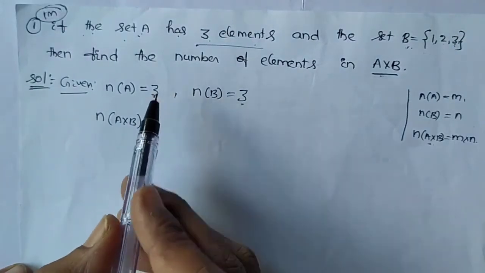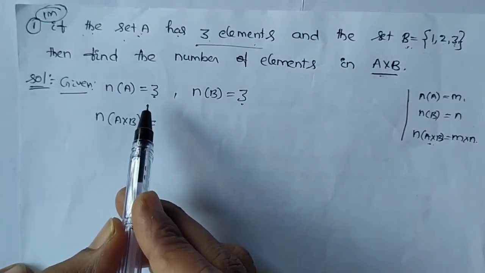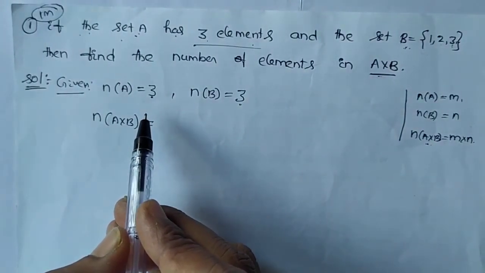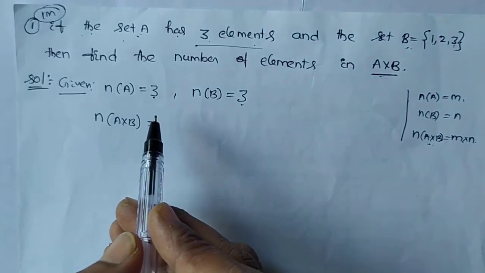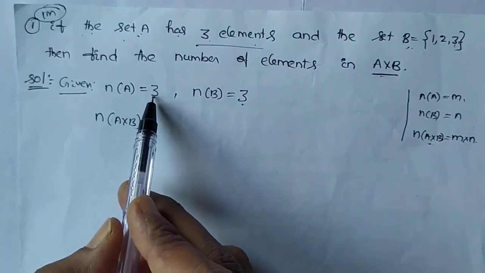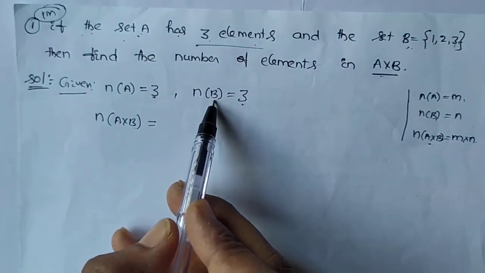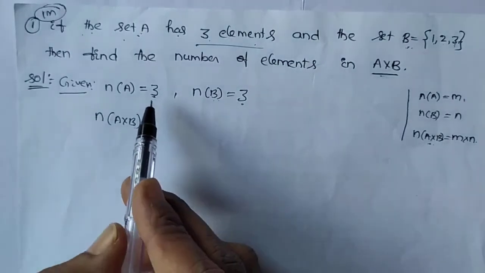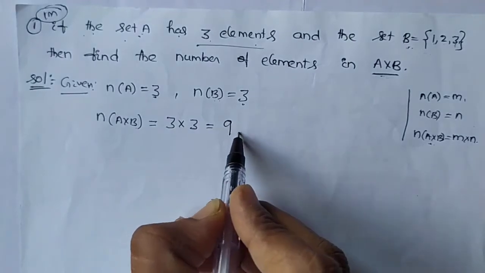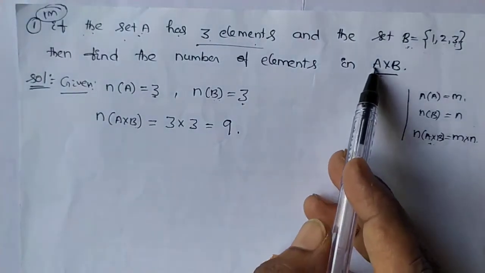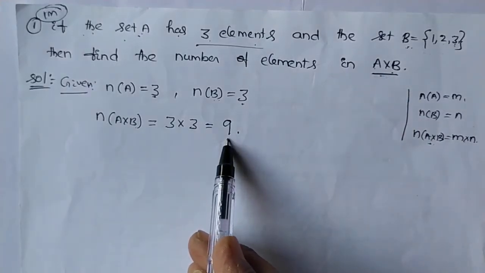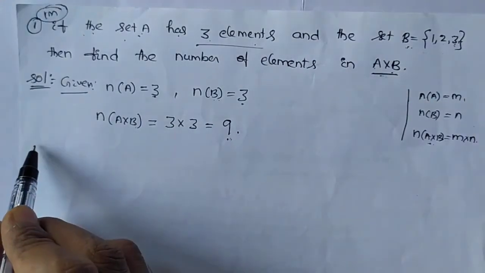You just multiply the number of elements in the set A and the number of elements in the set B. That is equal to 9. Therefore, the number of elements in the set A cross B is 9. Do you understand? Next question.